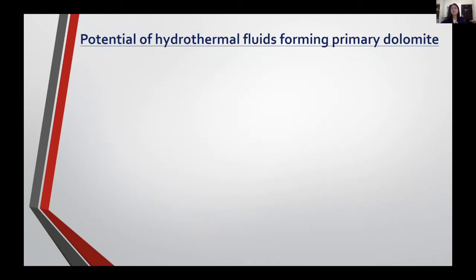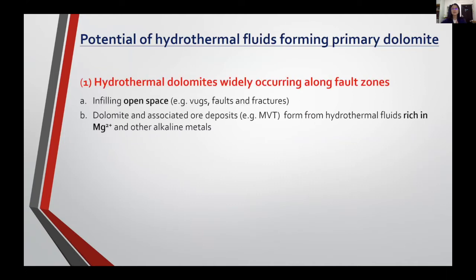However, hydrothermal fluids along active faults are known to have considerable potential, forming dolomite sediment that infills open spaces. Magnesium-rich hydrothermal fluids at depth can provide the chemical basis for dolomite precipitation.